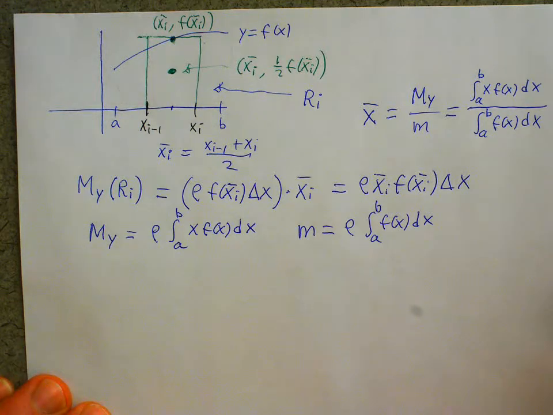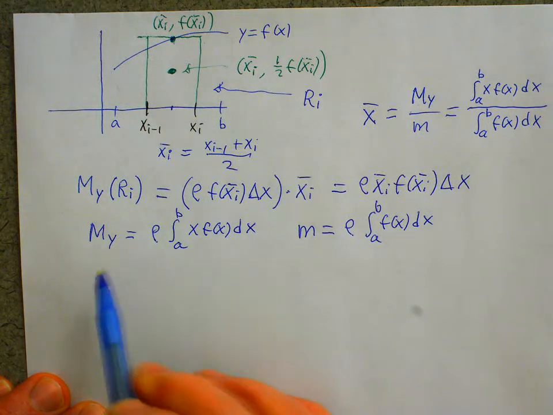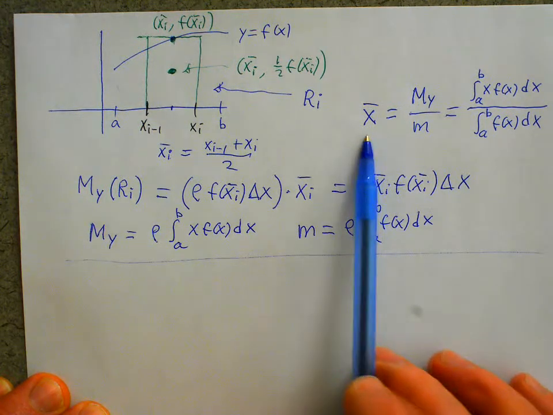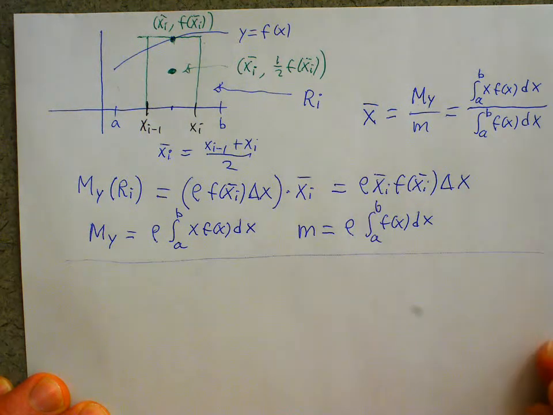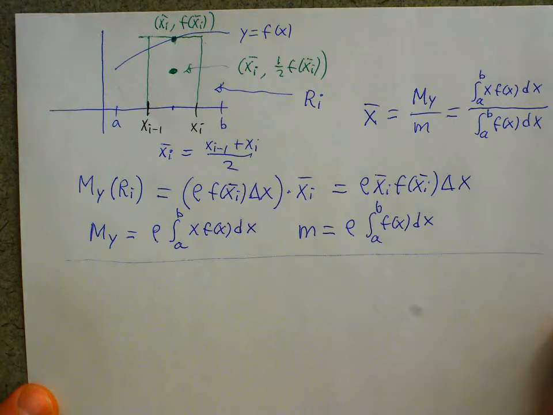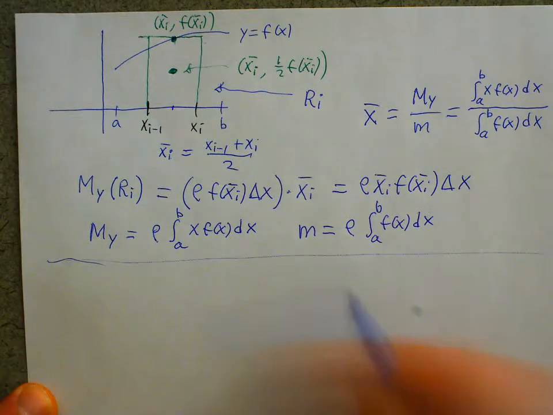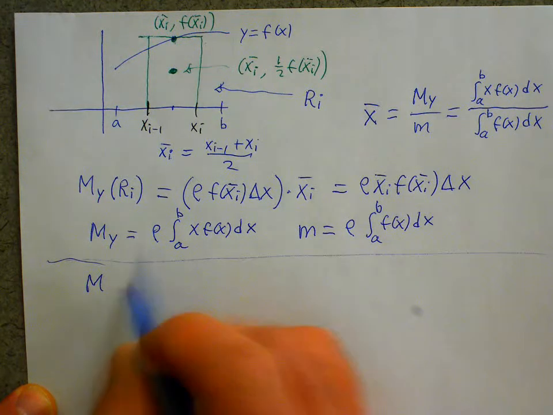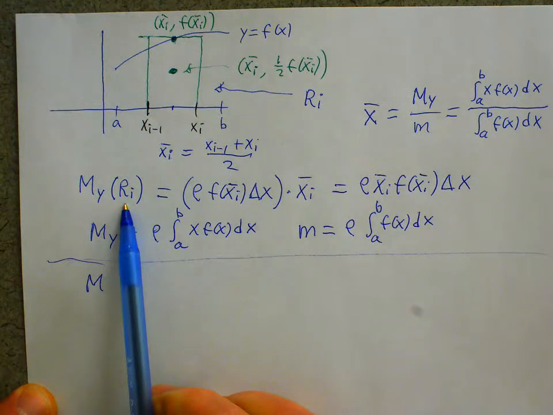Okay, that's what we did yesterday, and today we'll find the y-coordinate of the center of mass using the same reasoning. I'll start with the rectangle R sub i again.